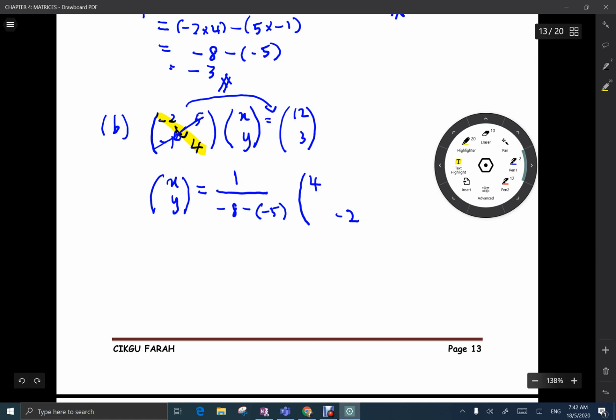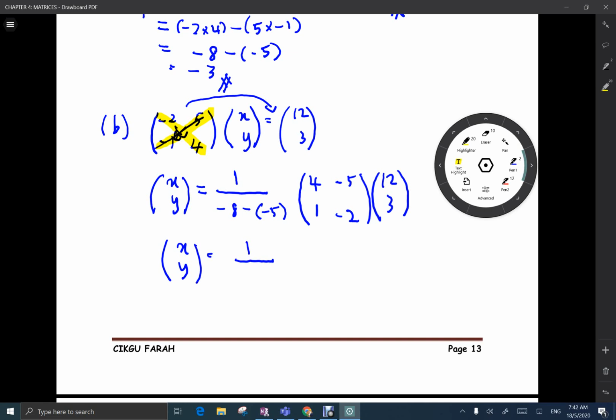So this side nak buat apa? Yang ni awak kena tukar simbol. So dia akan jadi 1 and -5. So, times lah dengan 12, 3. Jadi, gunalah cara multiplication tu. So, yang ni -8 minus -5 akan dapat -3.